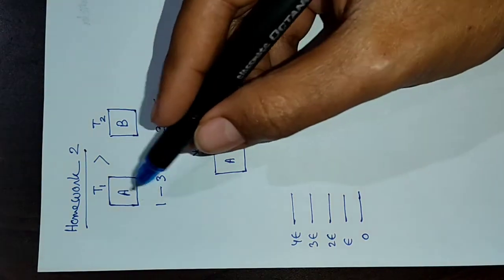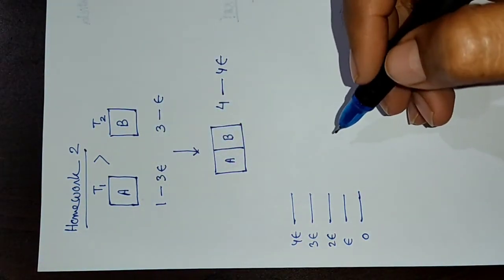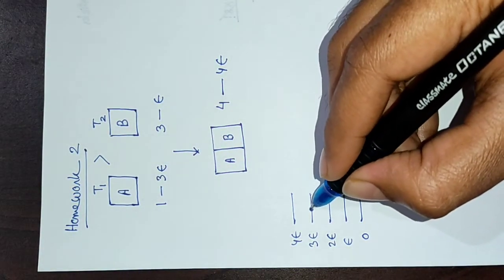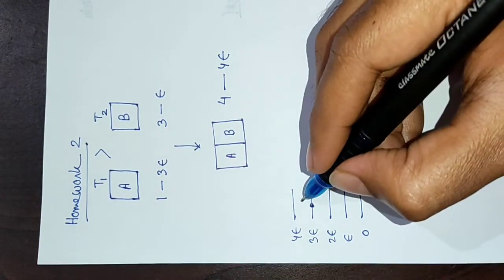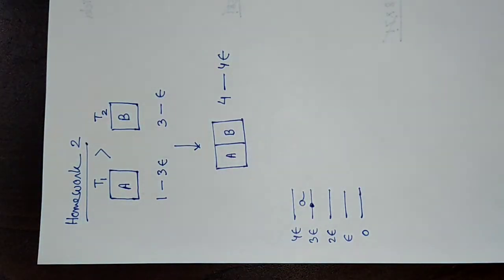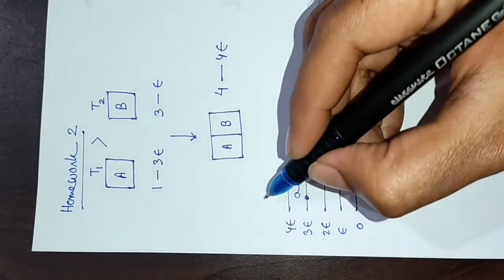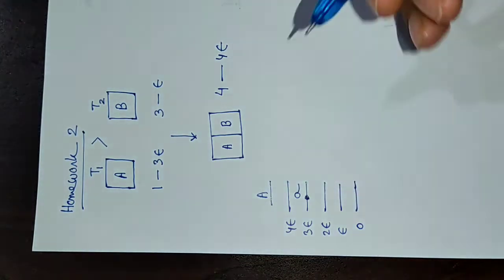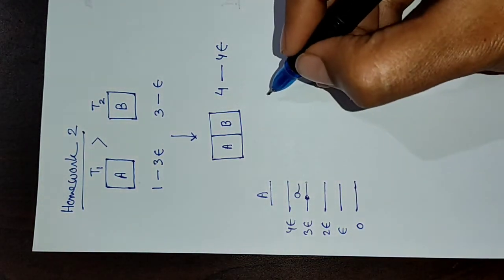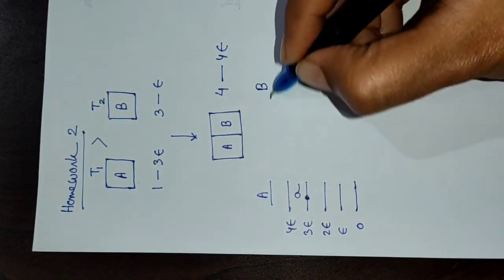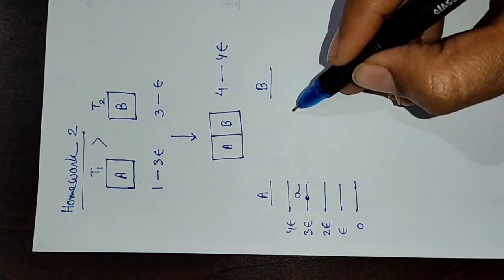So system A has one particle having 3 epsilon energy, means it was residing in this level. Then only it can carry 3 epsilon energy, 3 units of energy. This was system A. And system B has 3 particles.